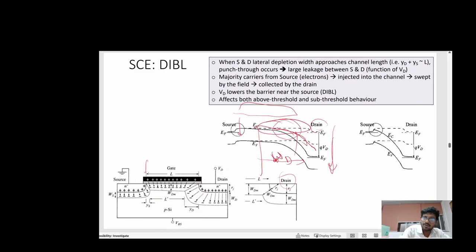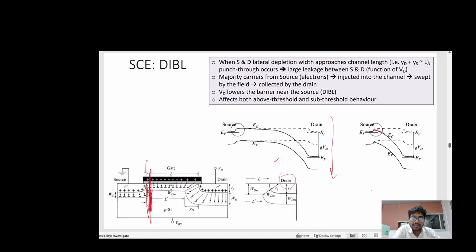Just give me 1 minute, you will get the point. If you increase the drain voltage too high so that your depletion region reaches till this point, at that point you don't need any gate voltage to conduct the channel.